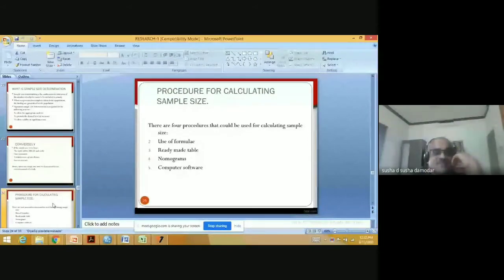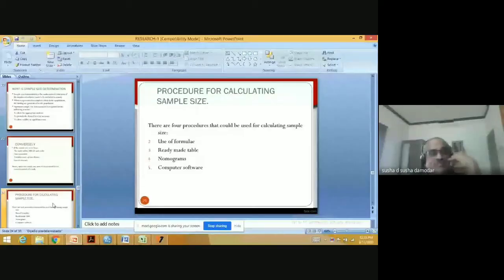So which is the best method? The best method is the use of a statistical formula for fixation of the optimal sample size. Different formulas are available, but there is a question: where to apply, when to apply, against which type of data we can apply that formula.